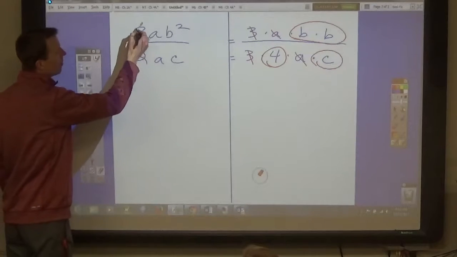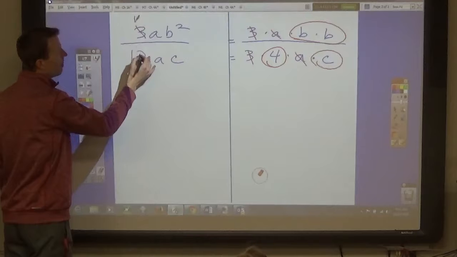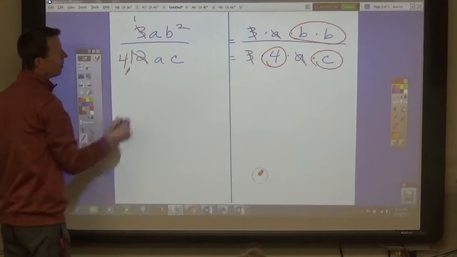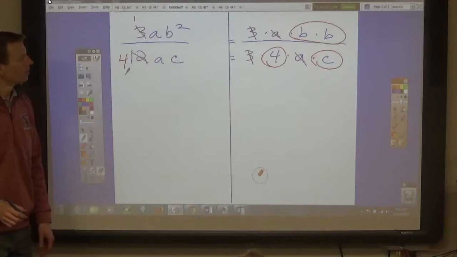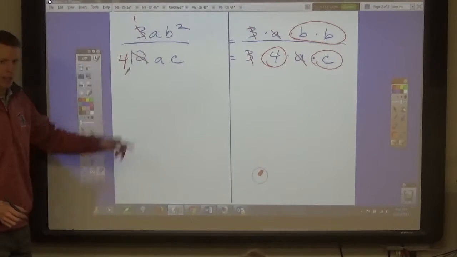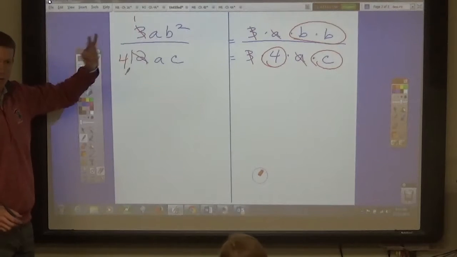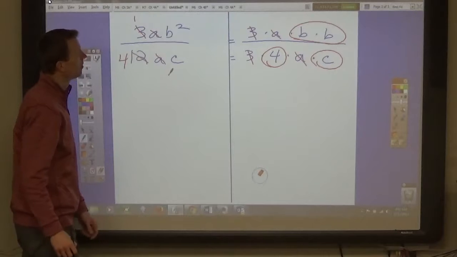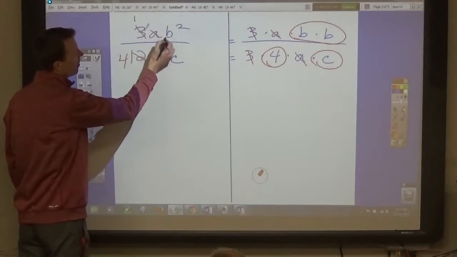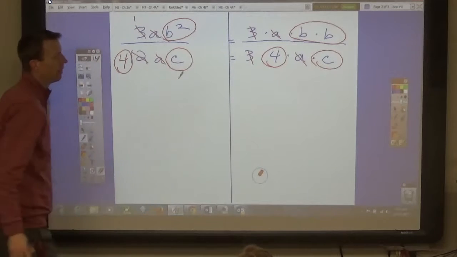Or 3 over 12 is the same as 1 over 4, right? Because 3 goes into 12 4 times, 3 goes into 3 1 time, and then the a's cross out, and you're left with b squared over 4c.